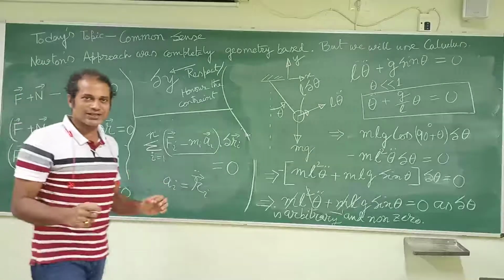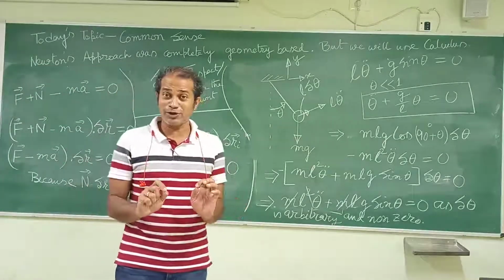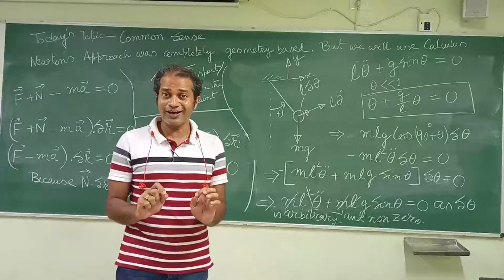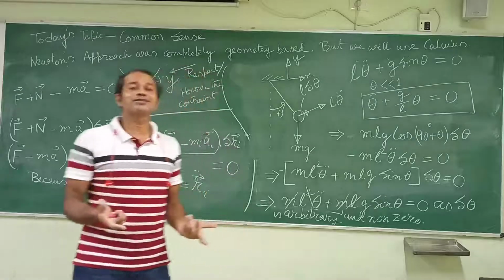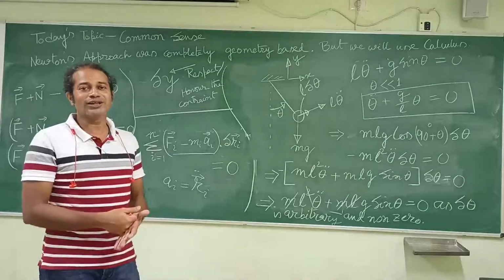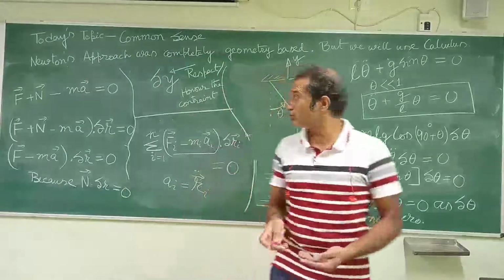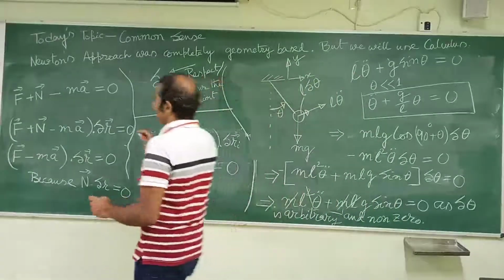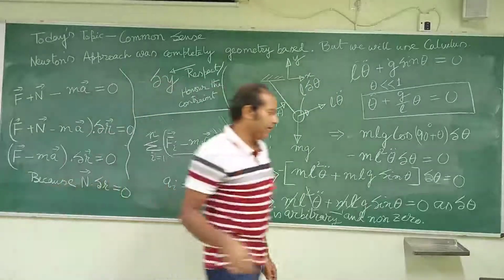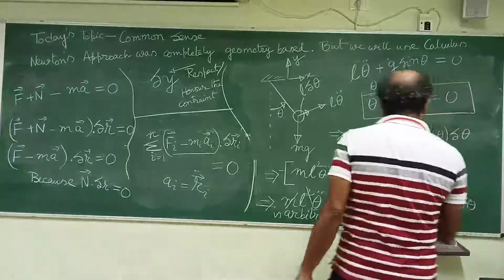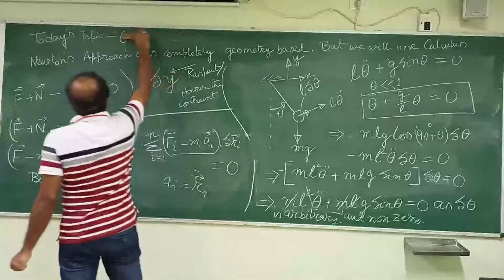You are going to disturb that dynamical equilibrium by a virtual amount delta r_i, the position vector, and in doing so, the work done is going to be 0. This is what the principle of virtual work means.